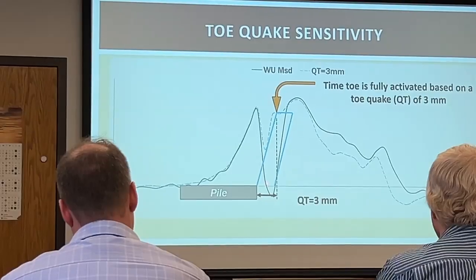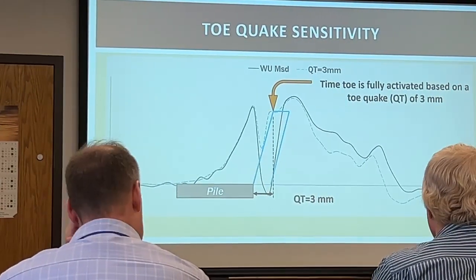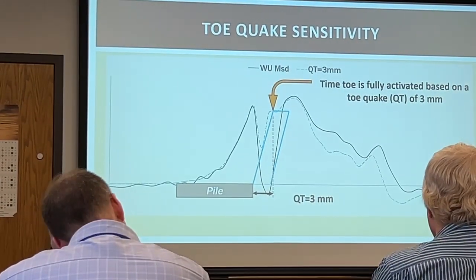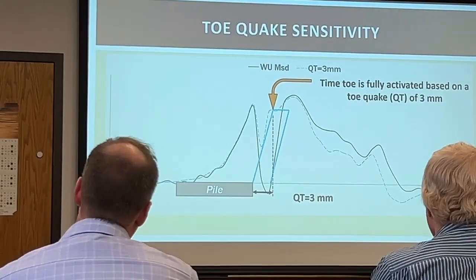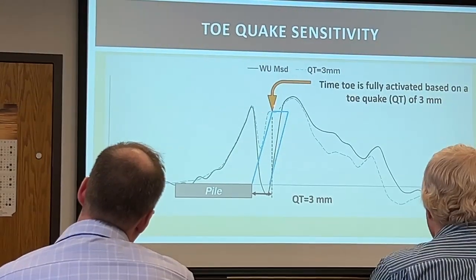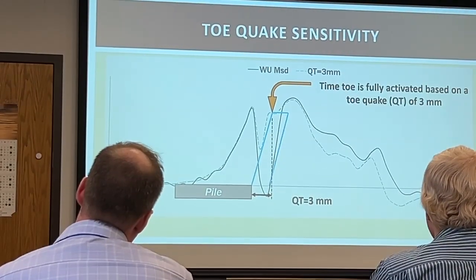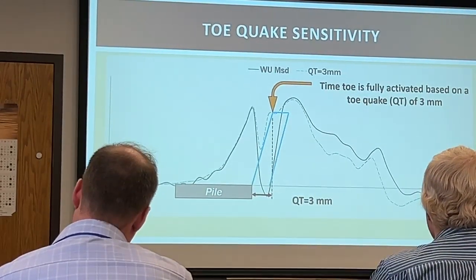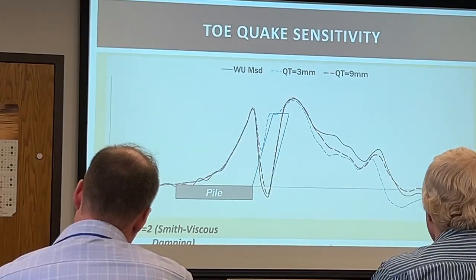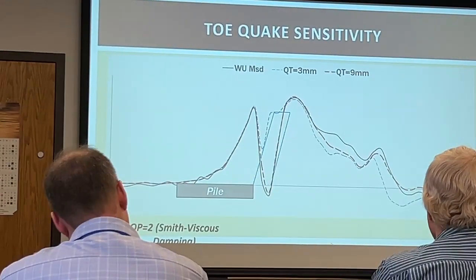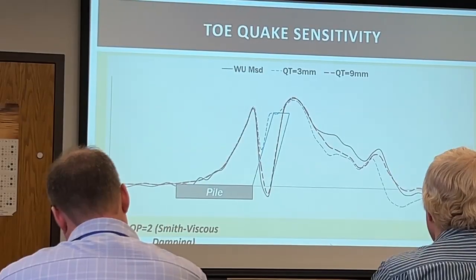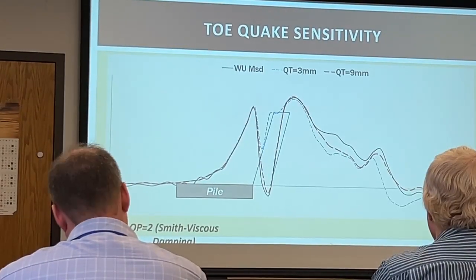And that says that a small displacement takes a small amount of time to mobilize, and therefore we'll get higher resistance in our model earlier. If I model something that is bouncier, say with a quake of 9 millimeters, then it takes more displacement and therefore more time to get all of the resistance back.